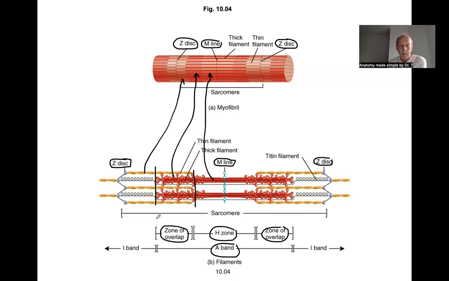The I band goes from the end of the thick filaments, not to the Z disc, but to the right side of the next sarcomere, where we start again seeing the appearance of thick filaments, which would be about here. That's the I band.